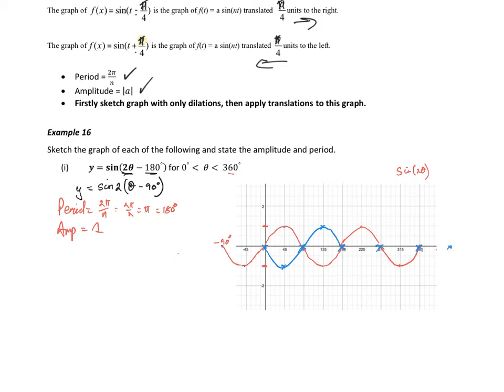It's just everything shifted forward 90 degrees. So the blue graph is my actual function. Let's write that as sine 2 theta minus 90 degrees.